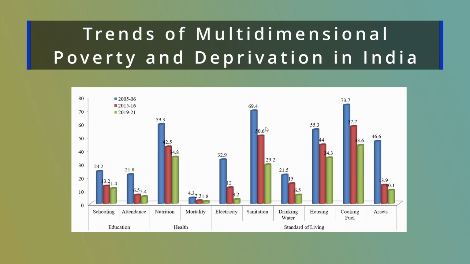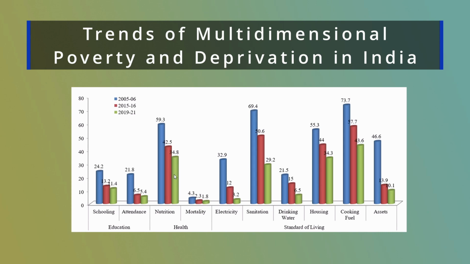In case of sanitation, it also significantly decreased from 69.4% to 29.2%. But this figure also implies that even in the year 2019-21, there were 29% of people in our country without proper sanitation facilities.